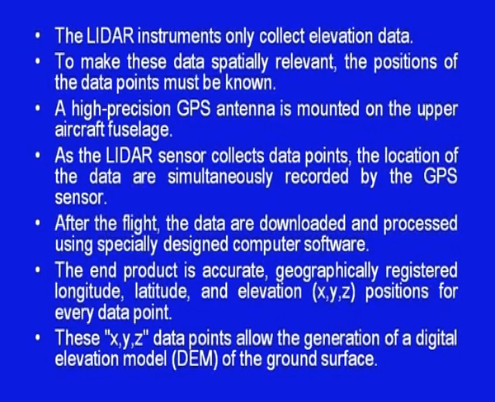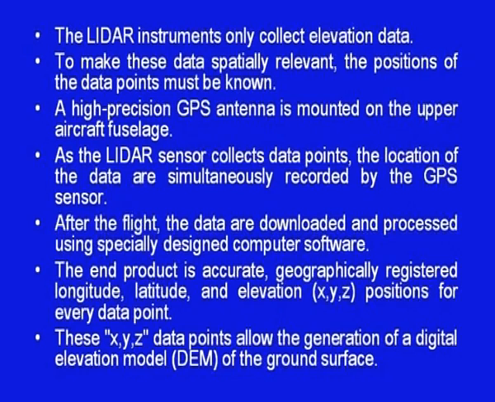LIDAR instruments only collect elevation data. To make these data spatially relevant, the positions of the data points must be known. A high precision GPS antenna is mounted on the upper aircraft fuselage. As the LIDAR sensor collects data, the location of the data are simultaneously recorded by the GPS sensor.